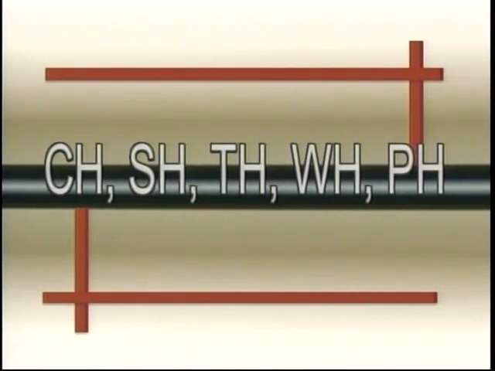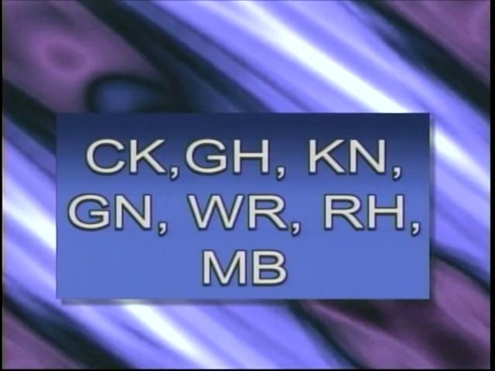The PH digraph sounds like F, f. CK, GH, KN, GN, WR, RH, MB. These digraphs are easier. Why are they easier? They are easier because one of the two consonants that come together is silent.